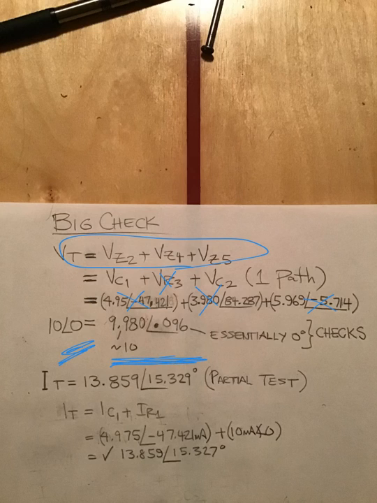And as you can see, I'm really, really close. And if I wanted to snoop around the currents, I could check to see if my total current of C1 and R1 check out to IT, and it does. And we're done.